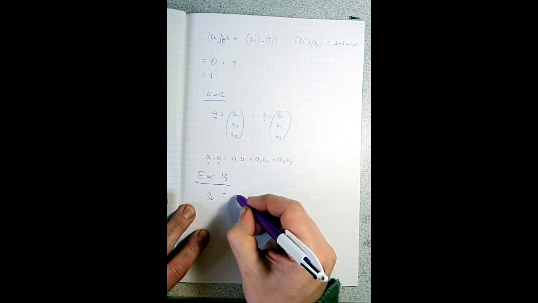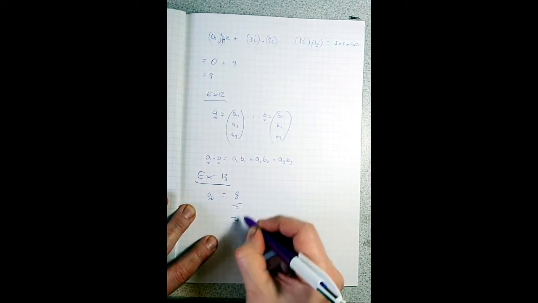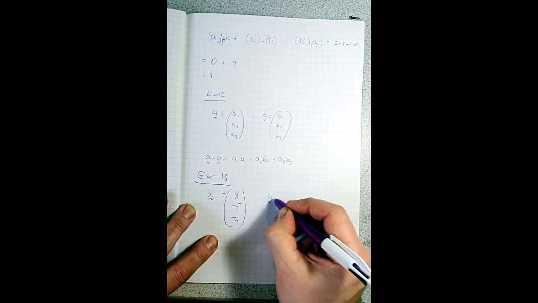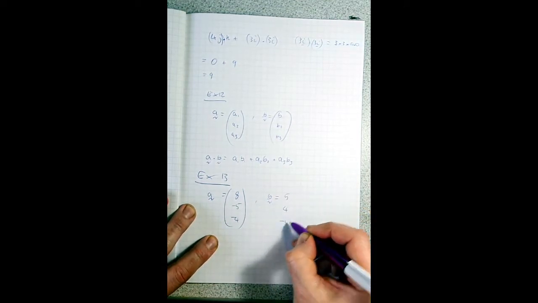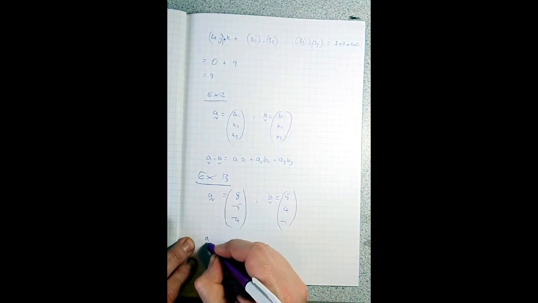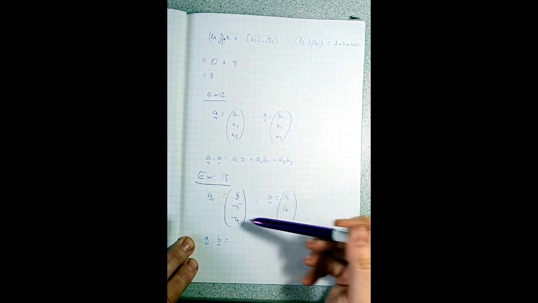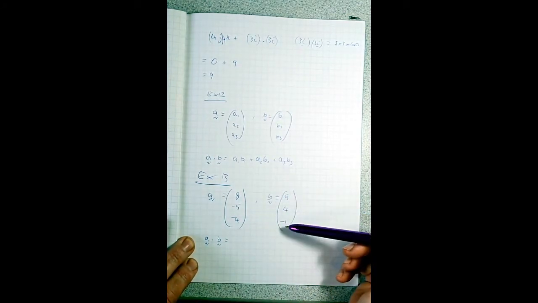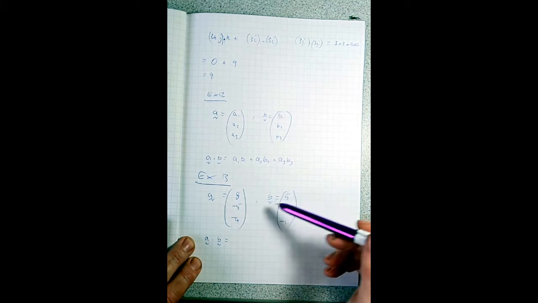So A equals (8, -5, -4). B is (5, 4, -1). Now for A dot B, we can't find the dot product using the initial definition because we don't know theta.